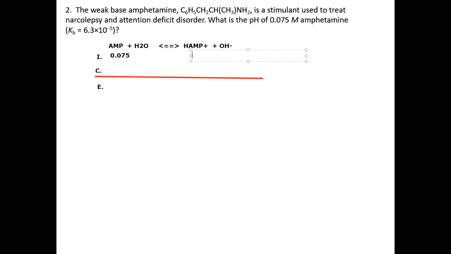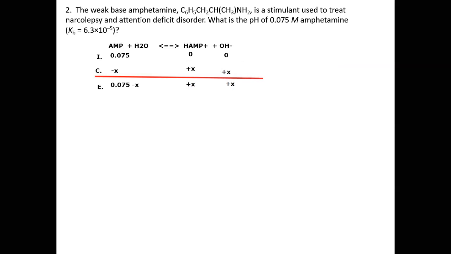For the products, of course, 0 and 0. The change, minus x, plus x, plus x. Everything's the same that we've been doing. So it'd be 0.075 minus x, plus x, plus x.